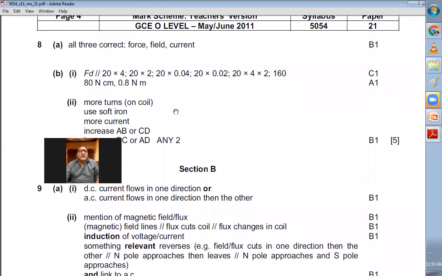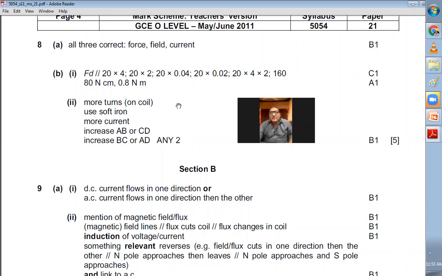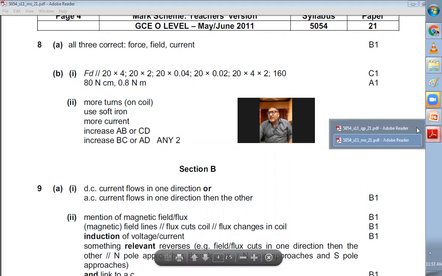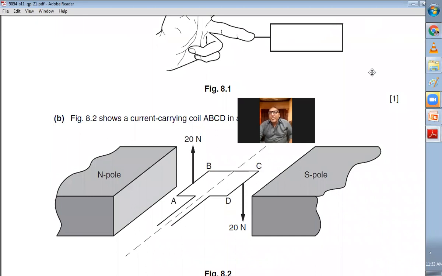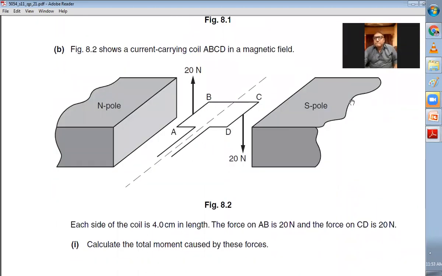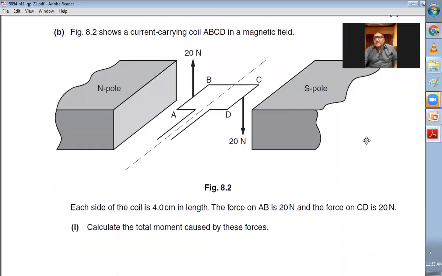Okay, so question number 8, all three correct: force, field, and current. Field means magnetic field. Okay, so let's go to the next part, and the next part is this B part.